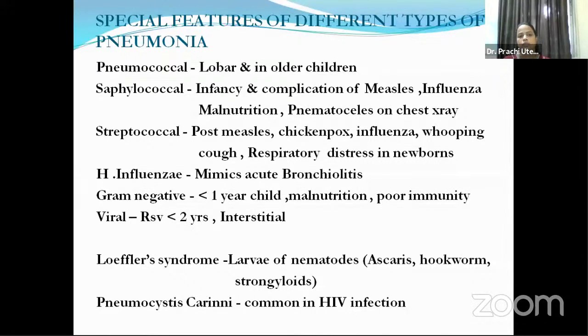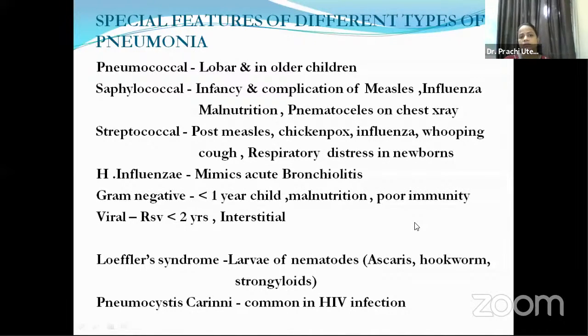In the streptococcal variety, it is usually post measles, chickenpox, influenza and whooping cough that we can see. And streptococcal infection is one of the important causes of respiratory distress in the newborn. Haemophilus influenzae infection mimics acute bronchiolitis, so usually it is seen in less than 1 year of age.